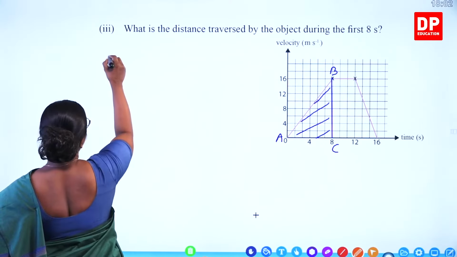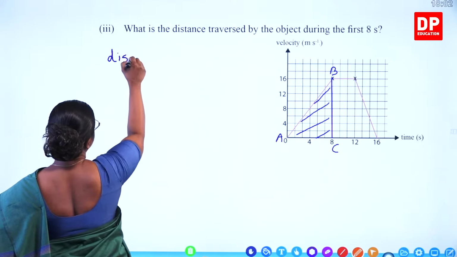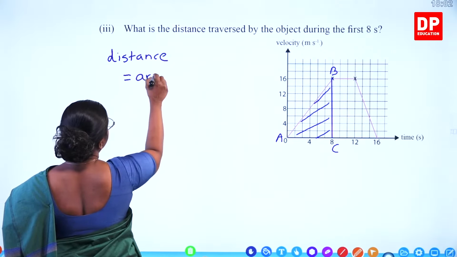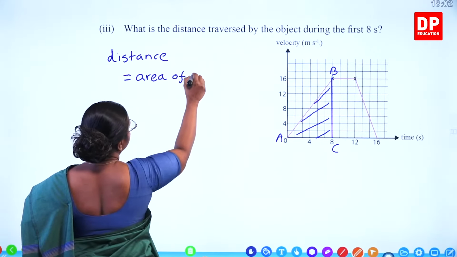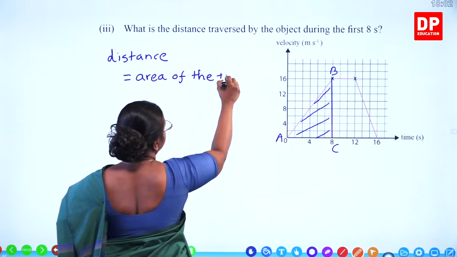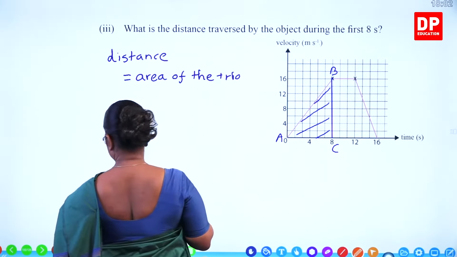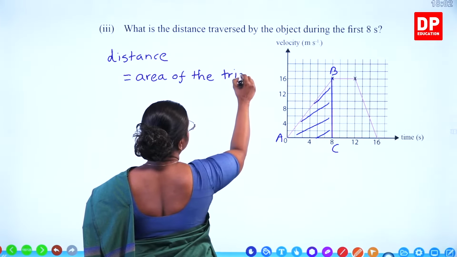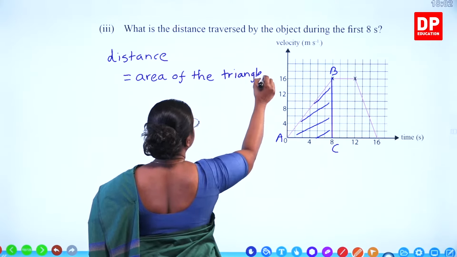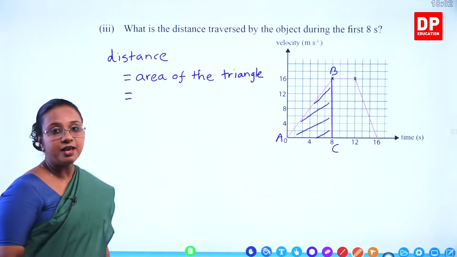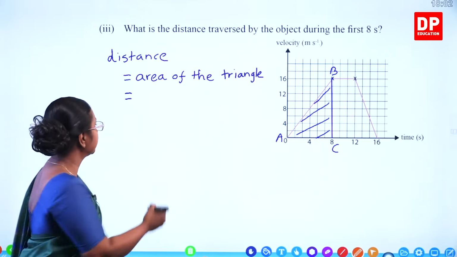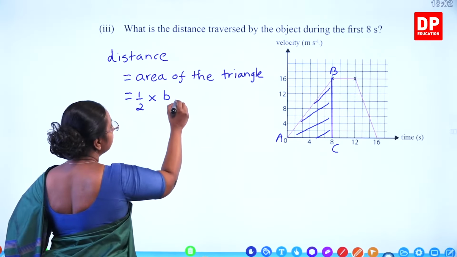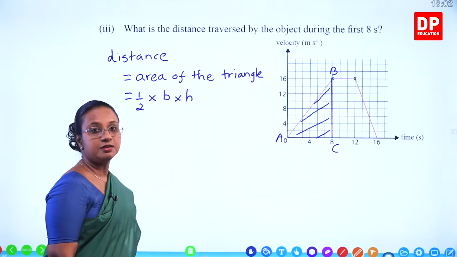So when we write it down, distance equals area of the triangle. So when we say area of the triangle, the equation is half into base of the triangle into the height of the triangle.